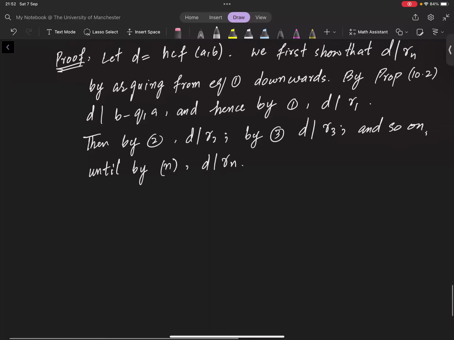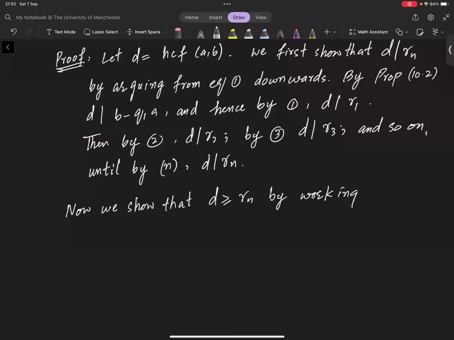Now we show that D is greater than or equal to Rn by working upwards, from equation n plus 1.